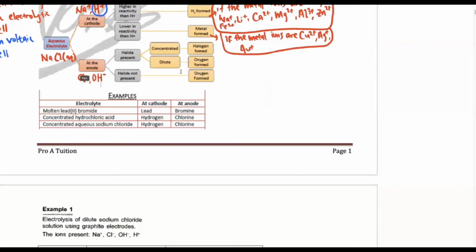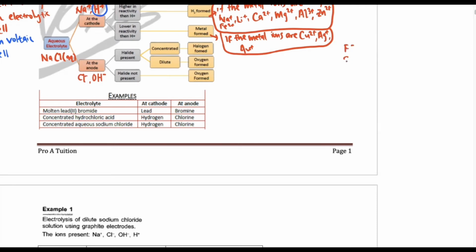When you look at the notes again, what we can see is halide present, halide not present. Why do we want to care about halides? So let's see the series again. The series will help us to remember it.